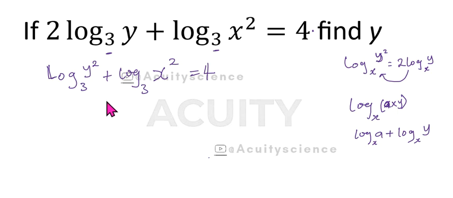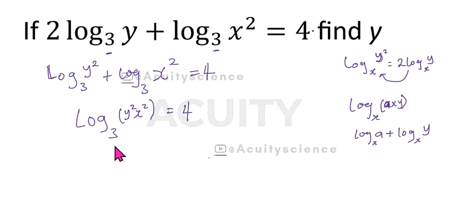The reason is we have a common base. I want to see how we can make it just one logarithm. So log base 3, we'll multiply this by this, preferably in a bracket. So y squared x squared equals 4.